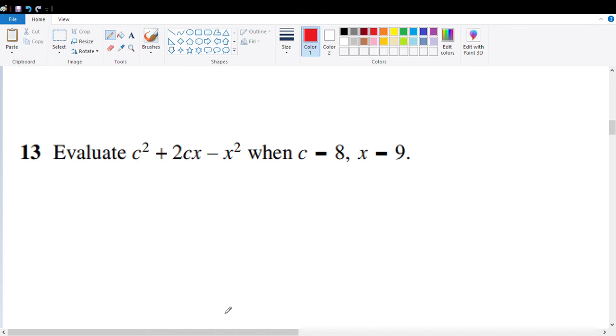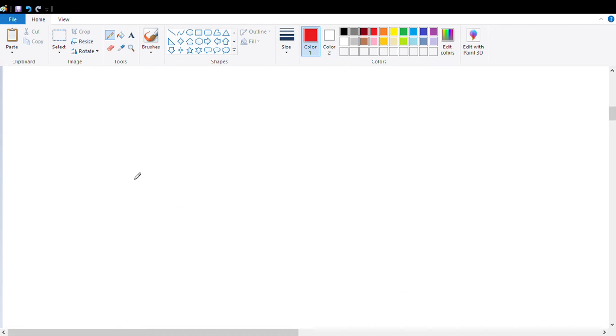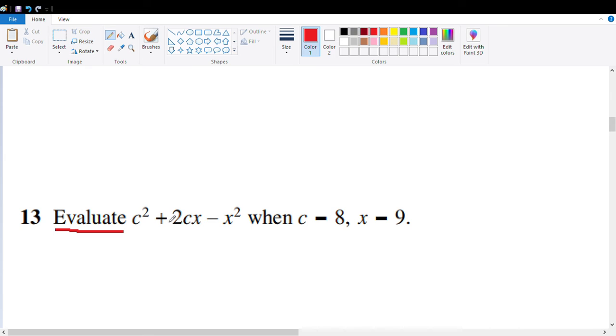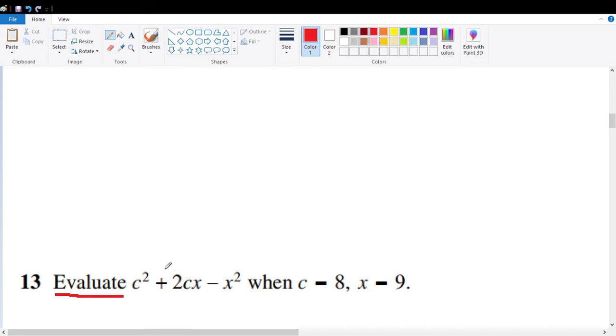Now let's do 13. Evaluate c squared plus 2cx minus x squared when c is equal to 8 and x is equal to 9. So what do we do? We have a clue word, evaluate, and when we're dealing with variables and it says evaluate, we're going to replace the variable with the value given.